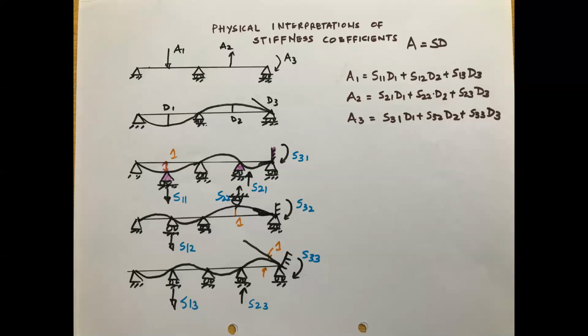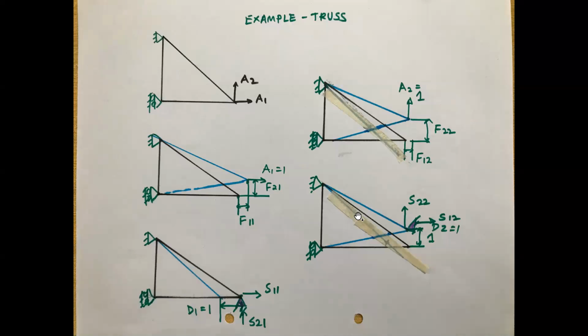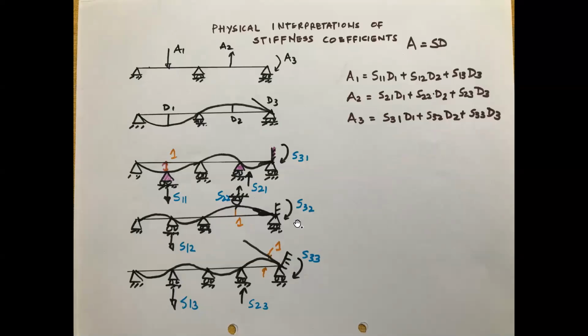If at all we want to consider that, we will solve the problems on flexibility method, and that will help us in understanding how to make use of bending moment quantity as your redundant and so on. So S22 is again the force calculated at 2 and unit displacement allowed at 2.